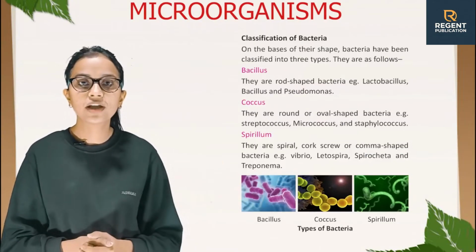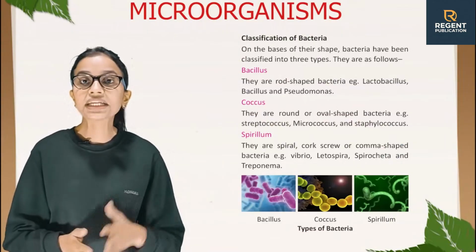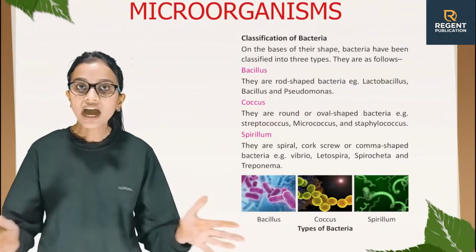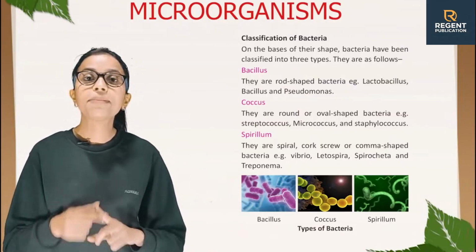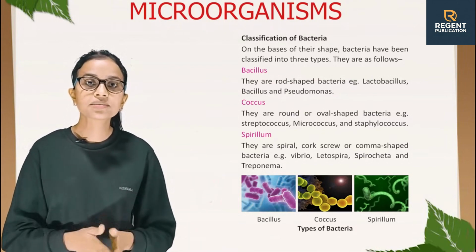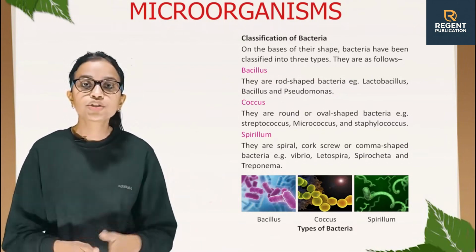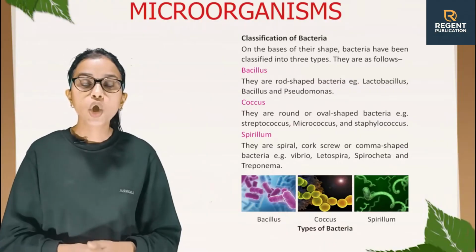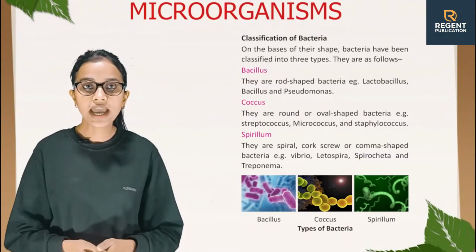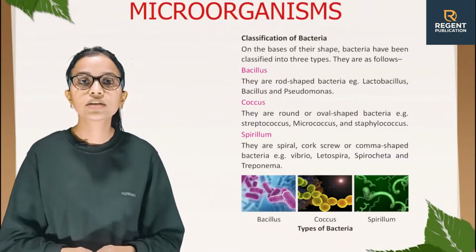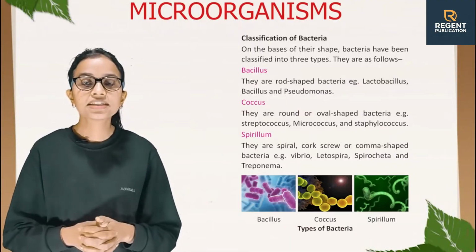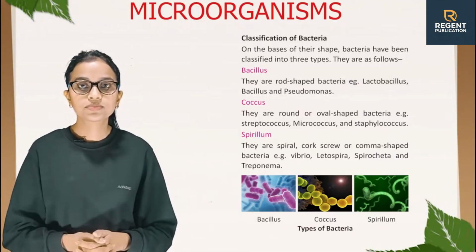Classification of bacteria. On the basis of their shape, bacteria have been classified into 3 types. They are as follows. Bacillus. They are rod-shaped bacteria, example Lactobacillus, Bacillus and Pseudomonas. Coccus. They are round or oval-shaped bacteria, example Streptococcus, Micrococcus and Staphylococcus.